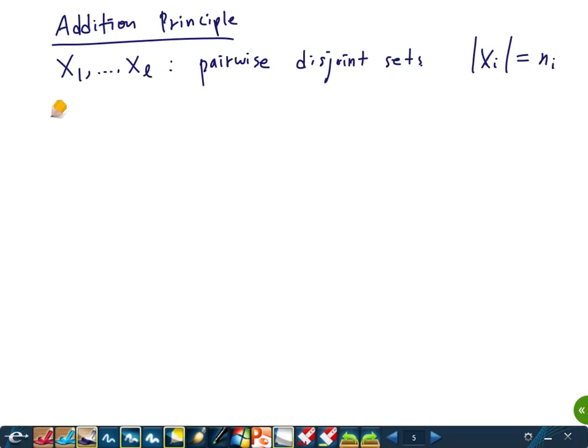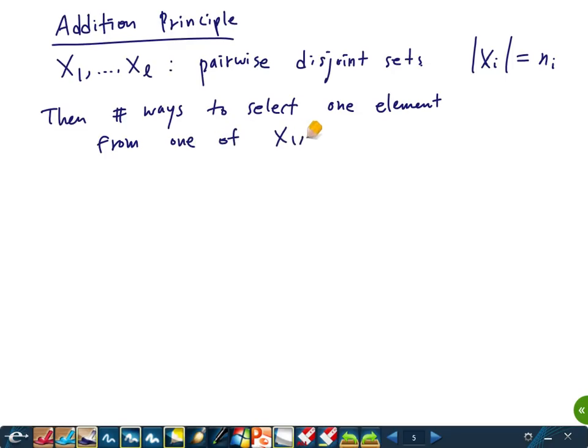Then the number of ways to select one element from one of these L sets is n1 plus n2 plus and so on. Instead of multiplying them, for this cardinality we just add them.